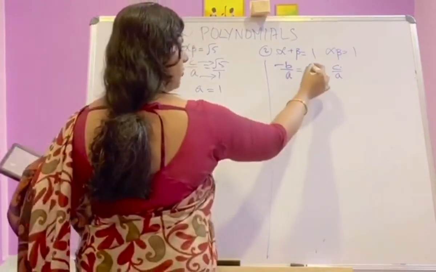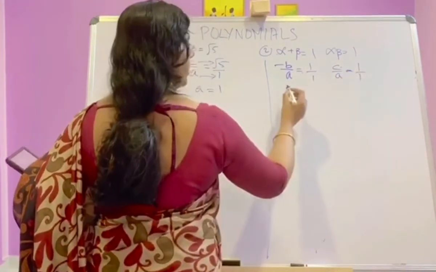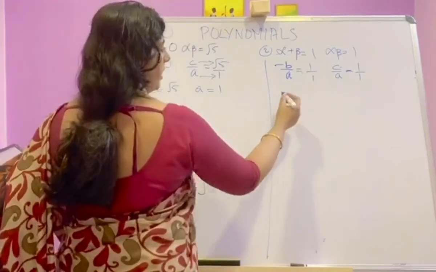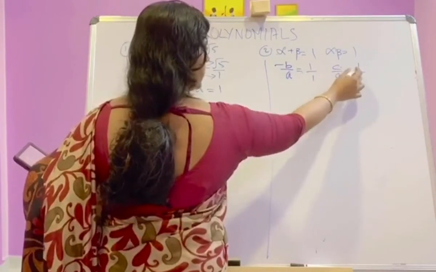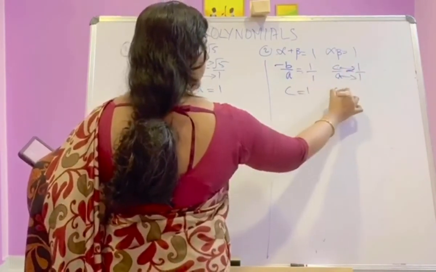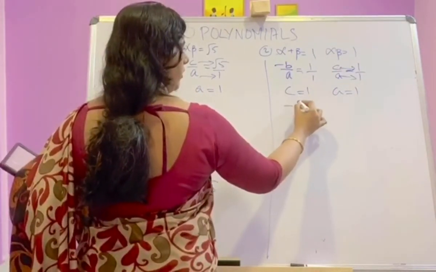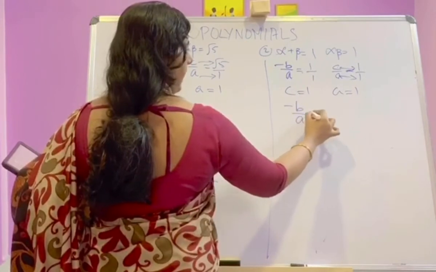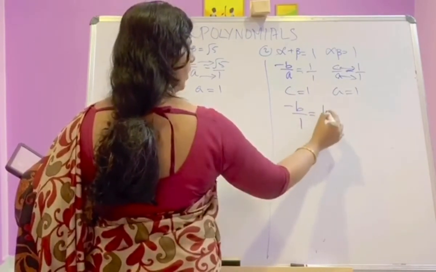Now next, sum of the zeros is 1 and product of the zeros also 1. So negative b by a is 1. C by a is also 1. 1 means 1 by 1. Now from this, we can consider this first. That is here c equal to 1 and a equal to 1. Now negative b by a, here it becomes negative b by 1 equal to 1.